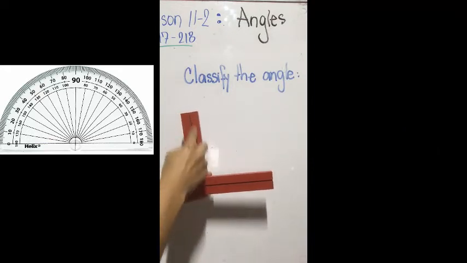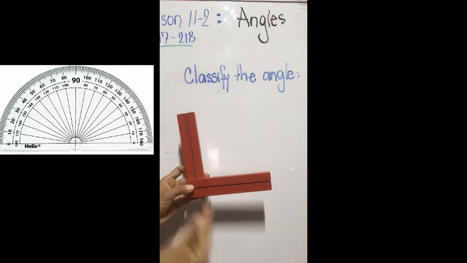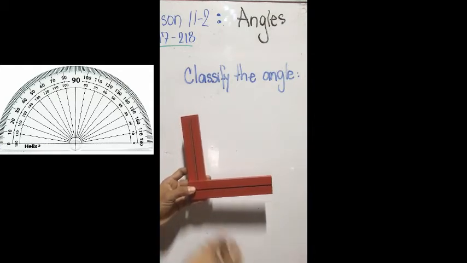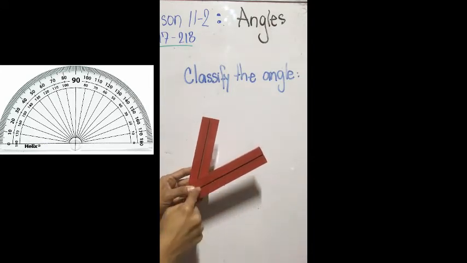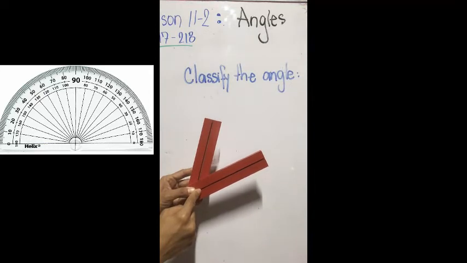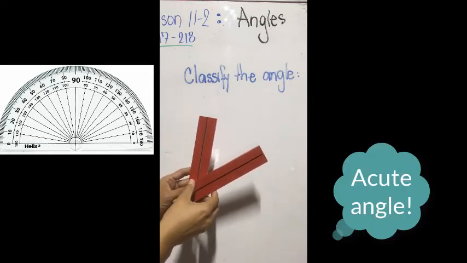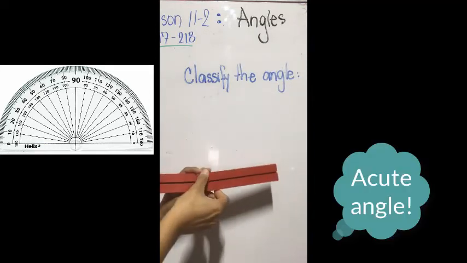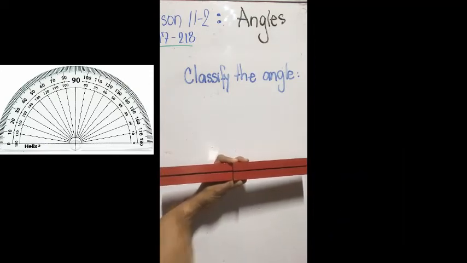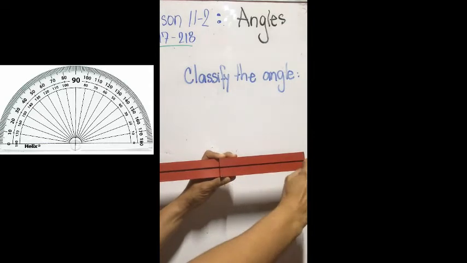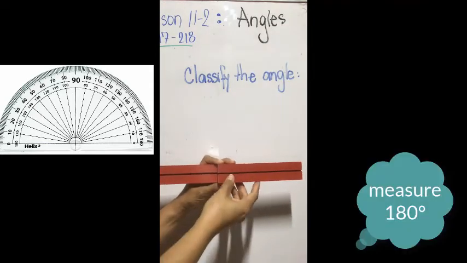Okay, in this case, a 90, like an L, the name is right angle. Okay, look at this, like a scissor. What is the name of this angle? Try to say it: acute. This is an acute angle. Okay, what is the name of this angle? Look at this. It's a straight angle. Straight angle. That's good. Excellent.